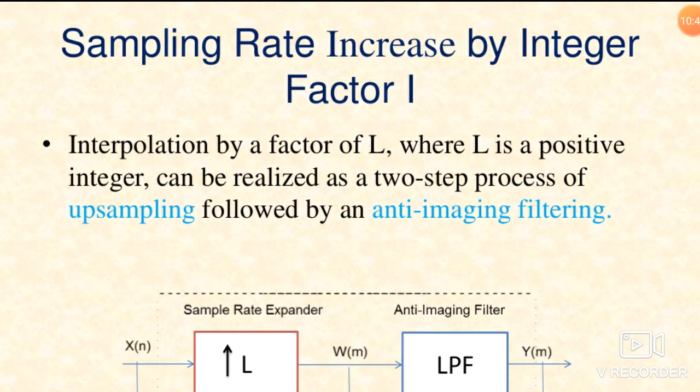By inserting L minus 1 zeros in between the samples. By applying some filtering process, those zeros will be rounded off to a non-zero value. All that will be discussed in other classes, not now.